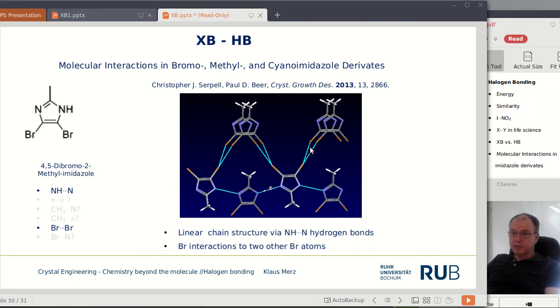Only bromine-bromine interaction, not more. And this bromine has interaction to both bromines. This is comparable for iodobenzene, bromobenzene, something like this. Or you've seen the iodo-nitrobenzenes and iodo-cyanobenzenes, very often with this zigzag of halogen-halogen contacts.